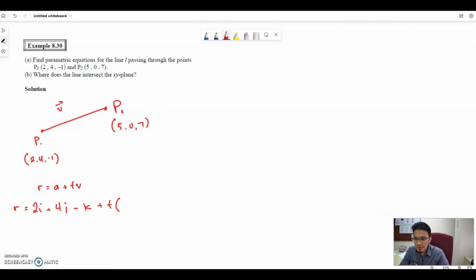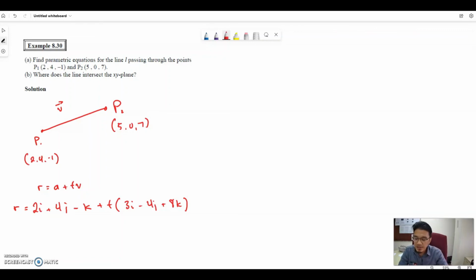So I have 5 minus 2 is 3i, then minus 4j, and then plus 8k. All right, so I already have my vector equation.